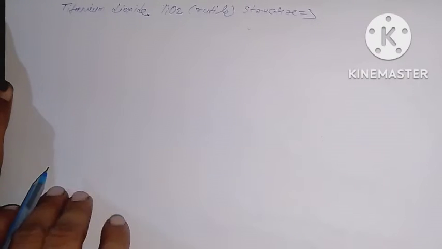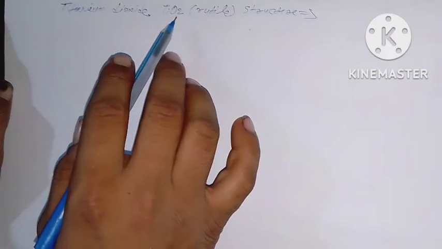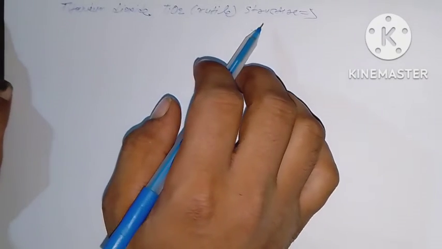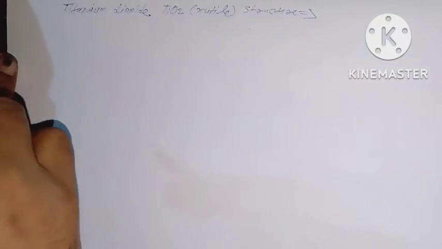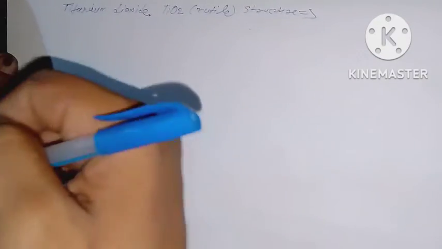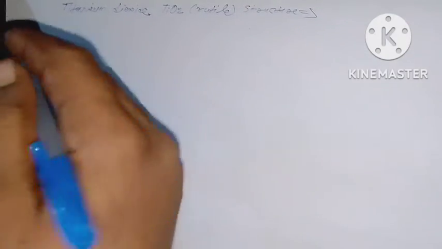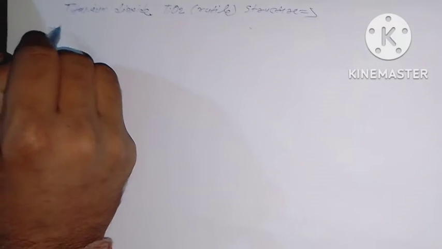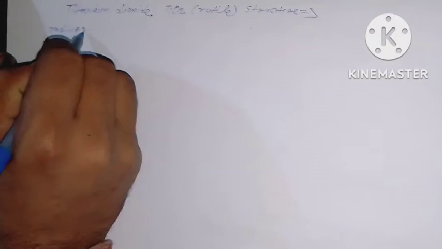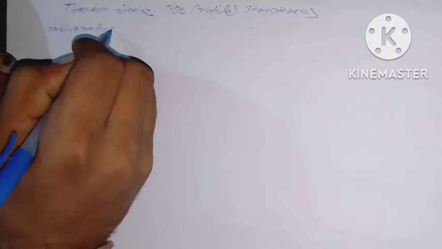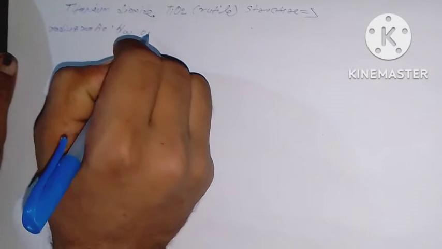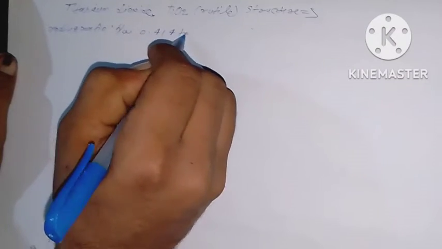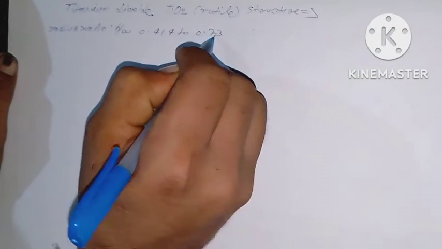Titanium dioxide, TiO2, rutile structure. The rutile structure is found in many crystals where the radius ratio is between 0.414 to 0.732.